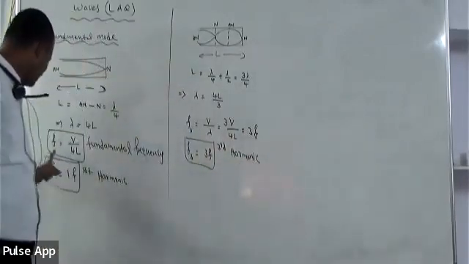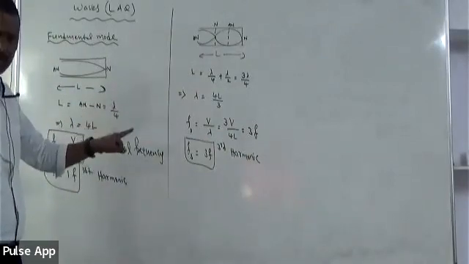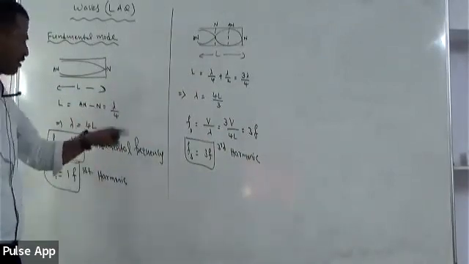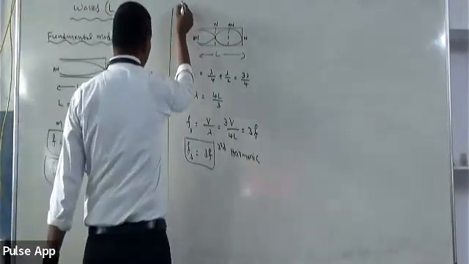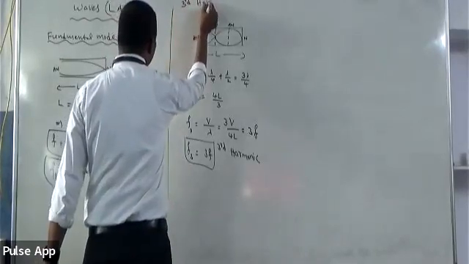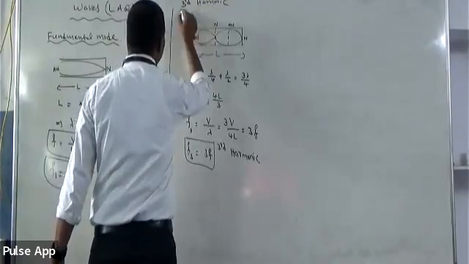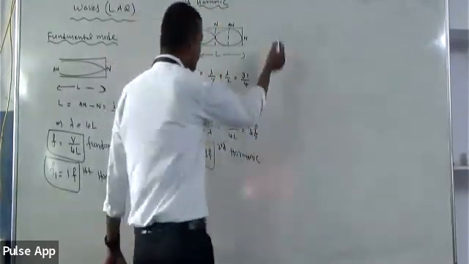That means initially we got the first, the second one is missed, and next we got the third one directly. So we can write this as the third mode of vibration or third harmonic. Clear now?